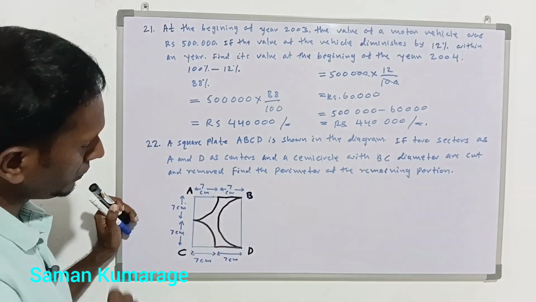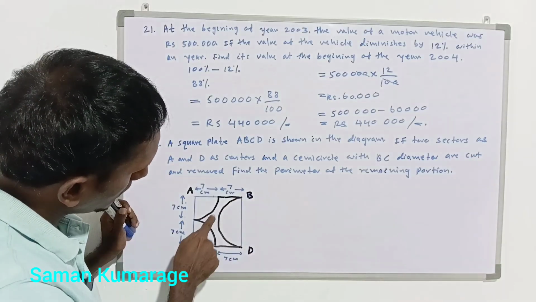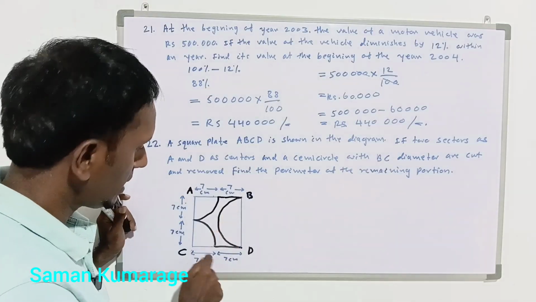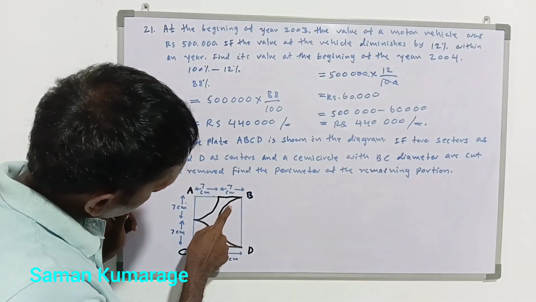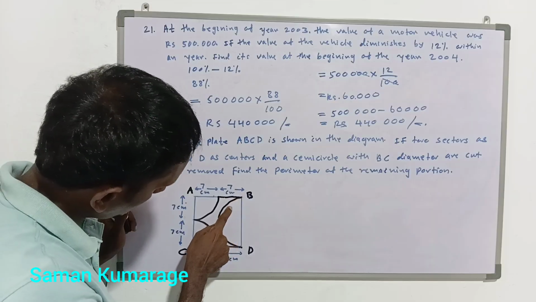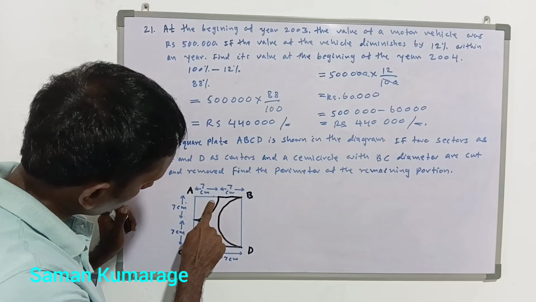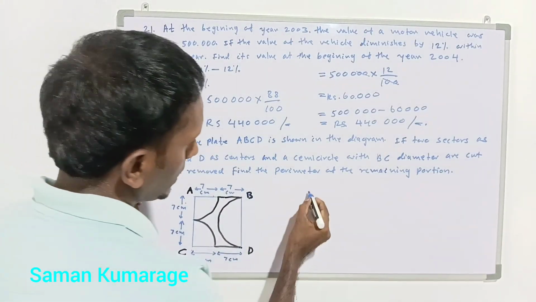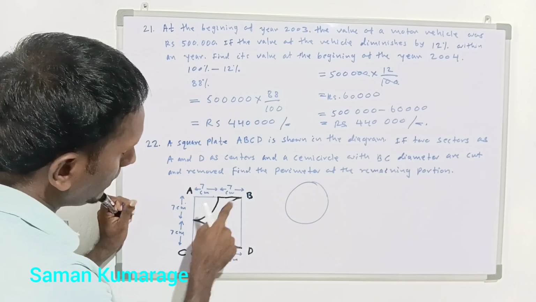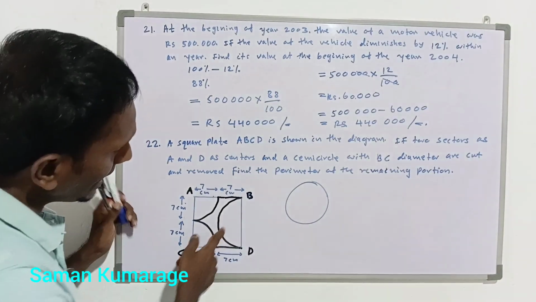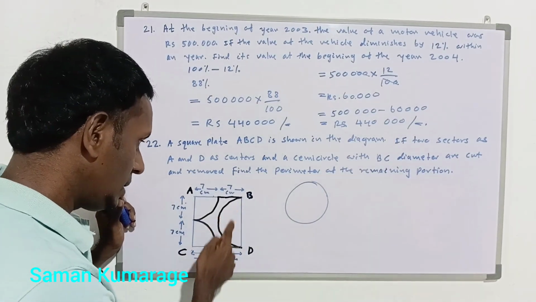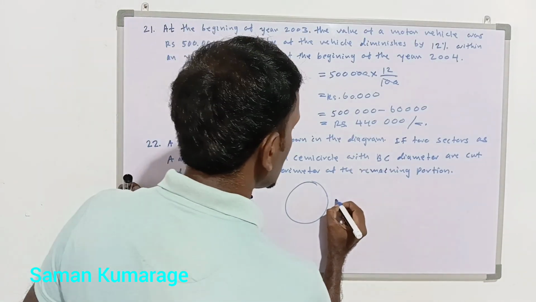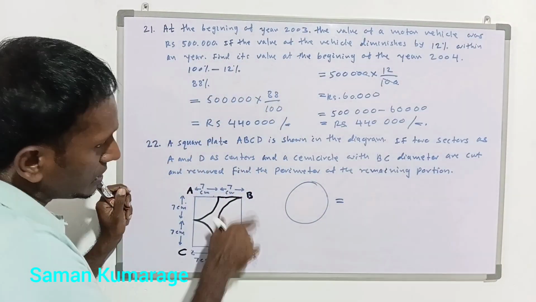If you carefully observe this remaining portion, you can understand that these three curves, this semicircular arc and these two arcs, together make a full circle. So instead of calculating the arc lengths of these three parts separately, we can calculate the perimeter of this full circle.